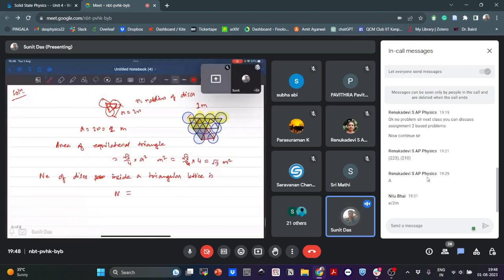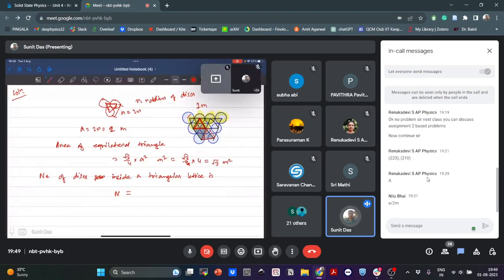If we focus on this triangle, then how many discs are there connected to this triangle only? So one, two, three.